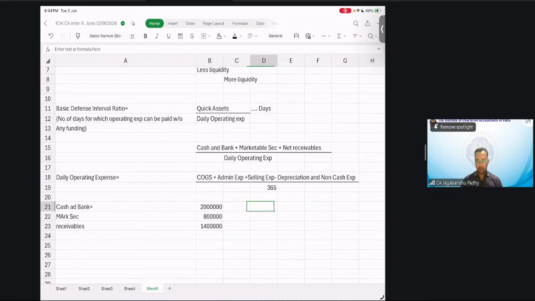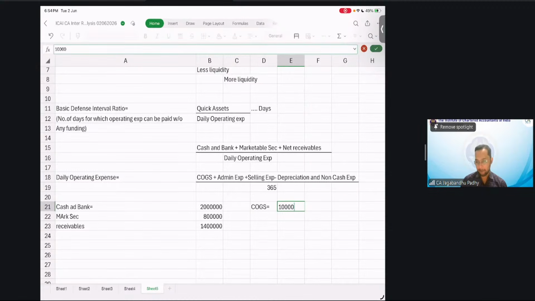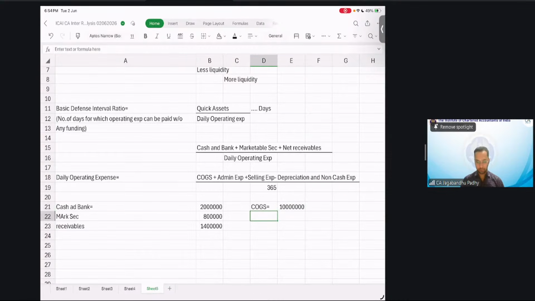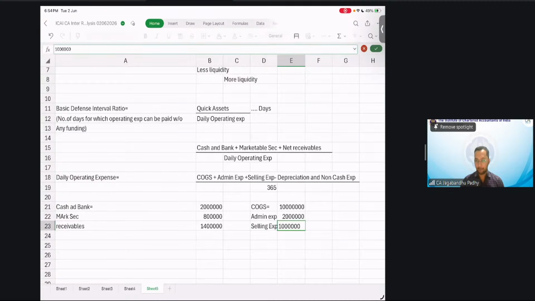Okay. And I give you information like COGS is 1 crore. Admin expense is 20 lakhs. Selling expense is 10 lakh.